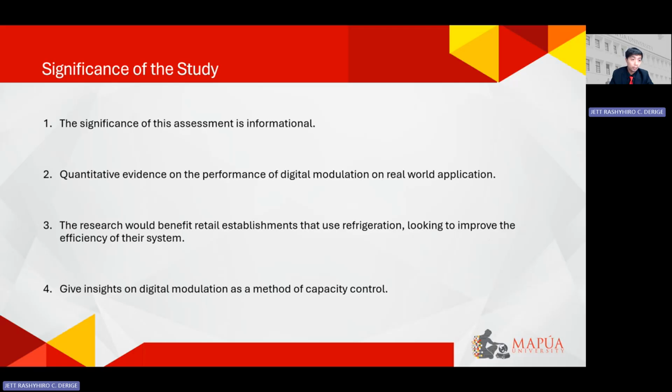And this research would also benefit retail establishments that use this kind of technology, especially refrigeration, looking to improve the efficiency of their system. And also, it would give insights on how digital modulation works as a method of capacity control.